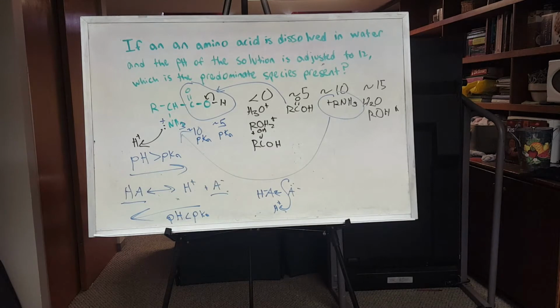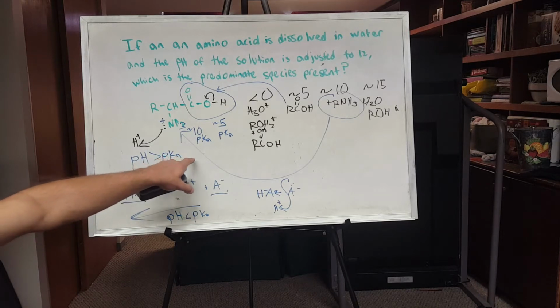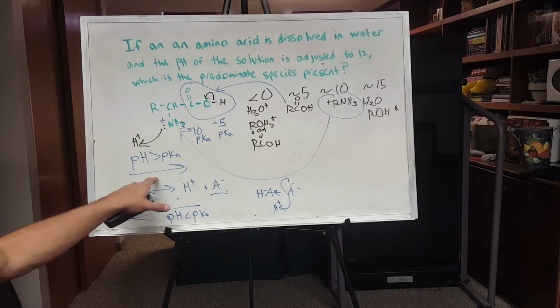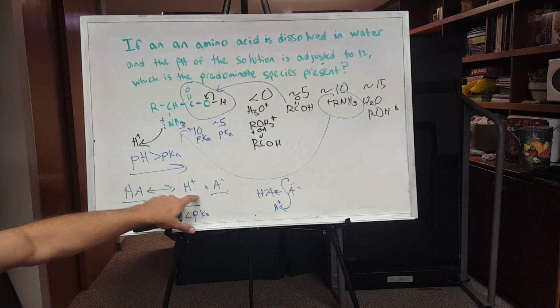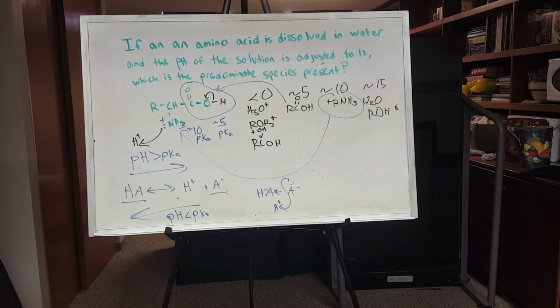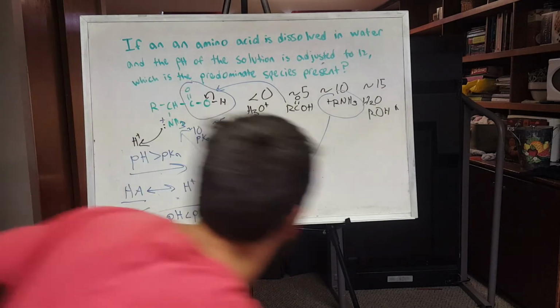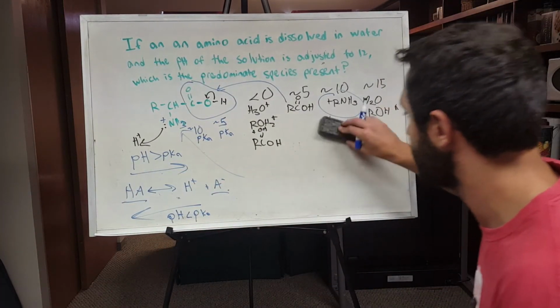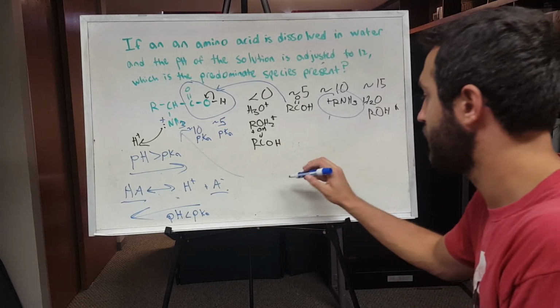And so we're talking about pH 12. So the pH is greater than the pKa for both of these. So we're going to want these in their basic forms. To make sure we're understanding this, let's match it up with these equations.